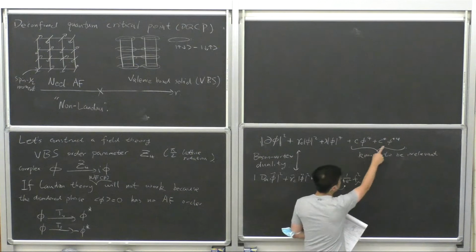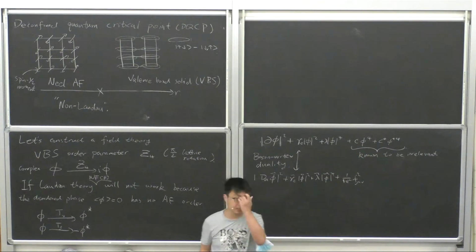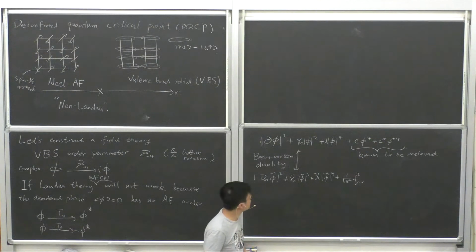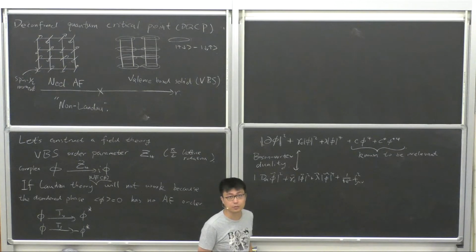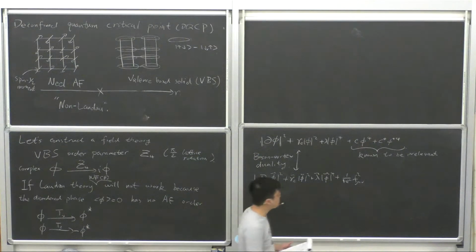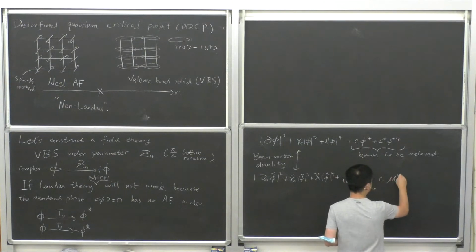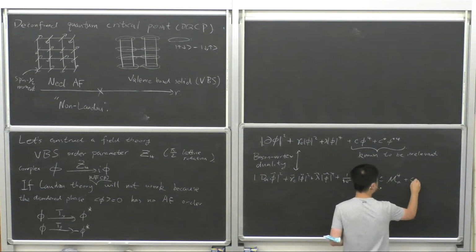But suppose we also want to translate this into the abelian Higgs side. As we talked about before, the phi boson, the charged boson in the gauge theory, becomes the monopole, the operator that flips the gauge flux by 2 pi. So phi to the fourth is just a fourfold monopole, which flips the gauge flux by 8 pi. So essentially what you get is a fourfold monopole.